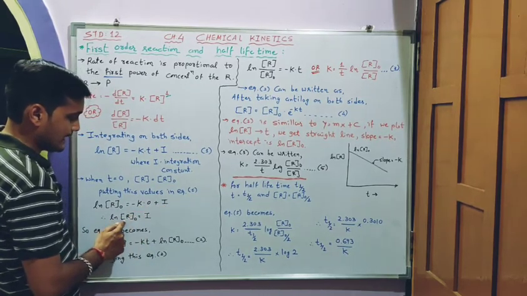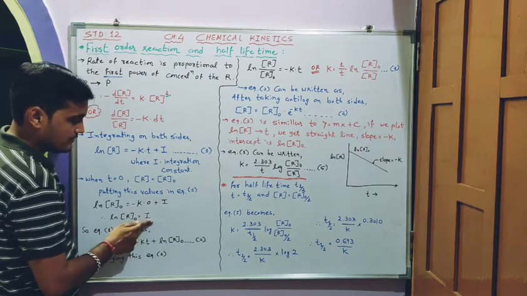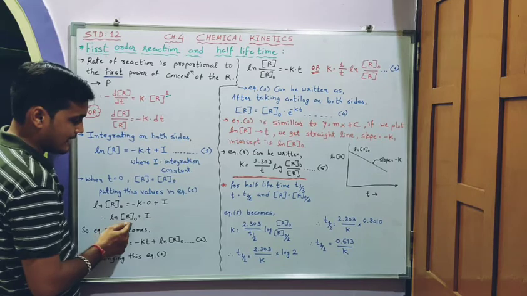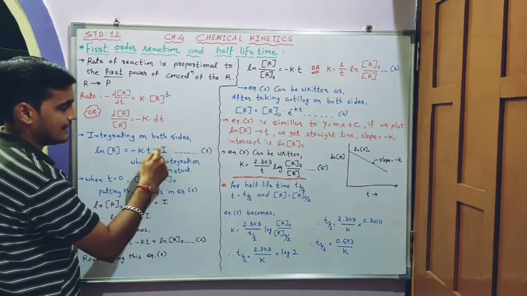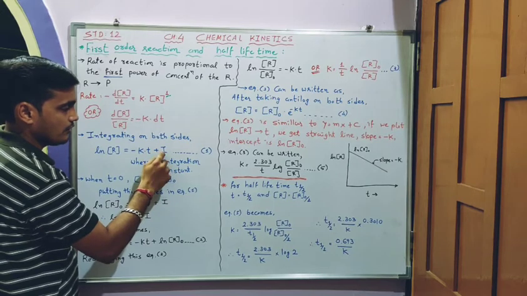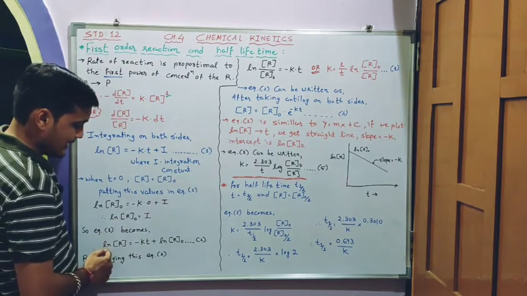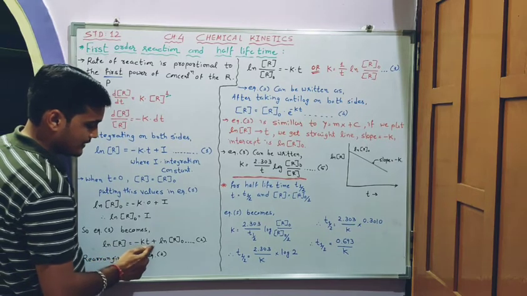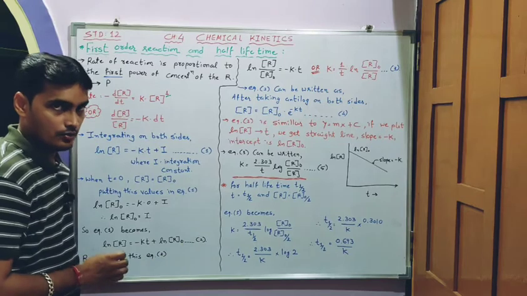So we will get ln R0 is equal to I. Now this value of I, ln R0, is replaced in equation number 1. So equation number 1 becomes ln R is equal to minus kt plus ln R0. We will get equation number 2.